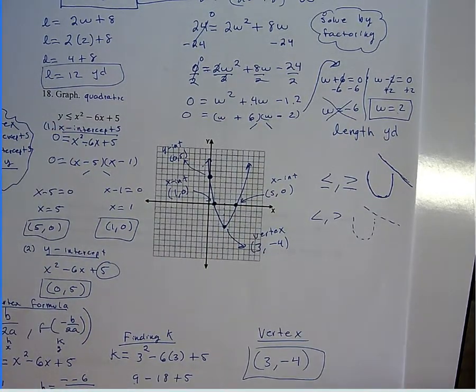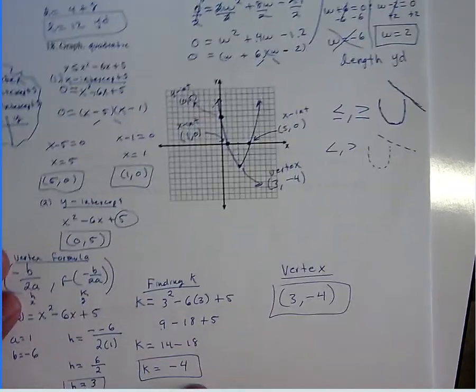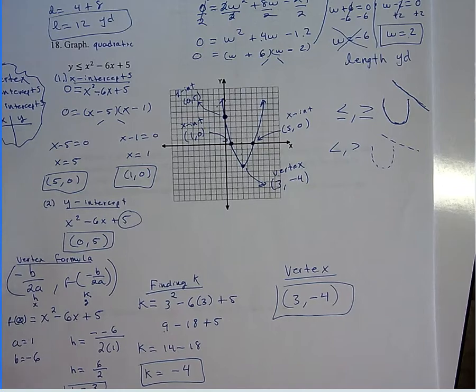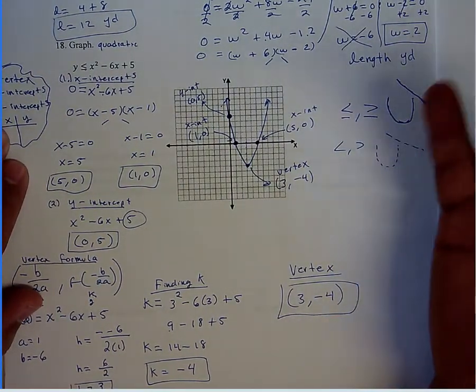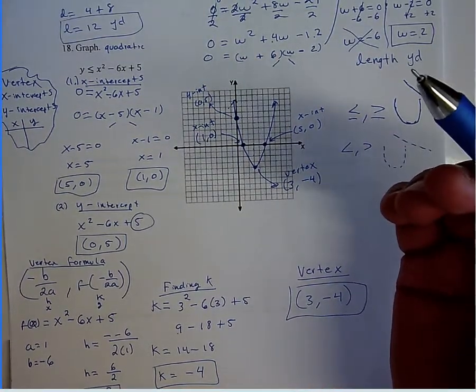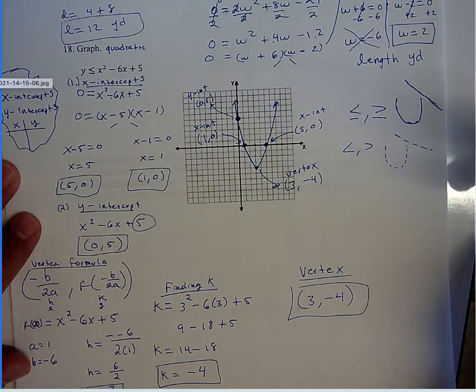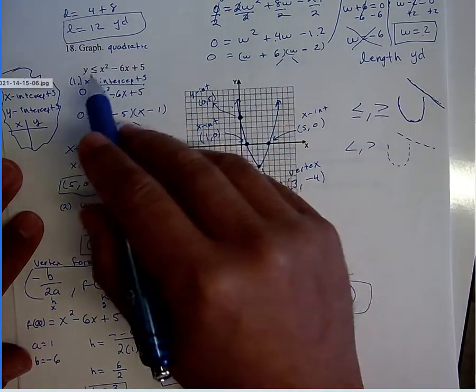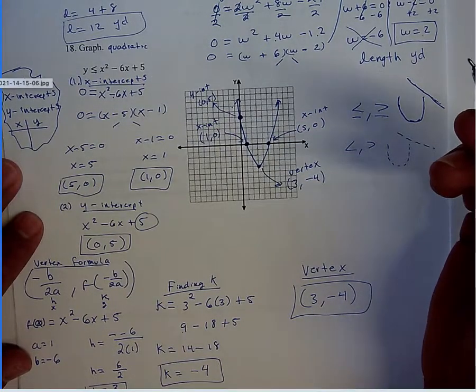Now the last step you need to think, because this is what I don't think we covered last semester. We kind of did. Where are we going to shade, because they want us to shade. That's why I'm going over this question, because we didn't get to practice more with this. Y is less than that equation. Less than.